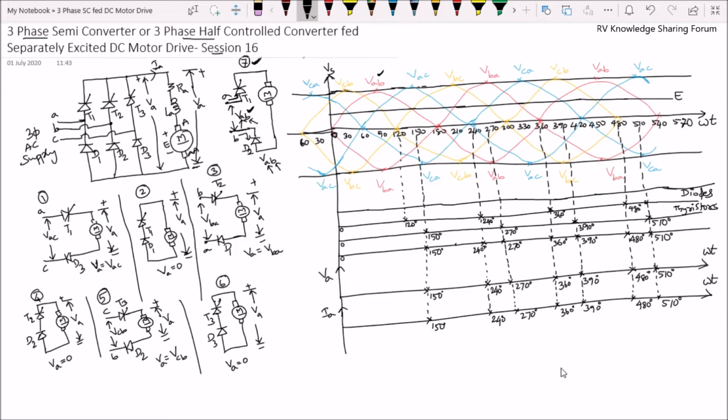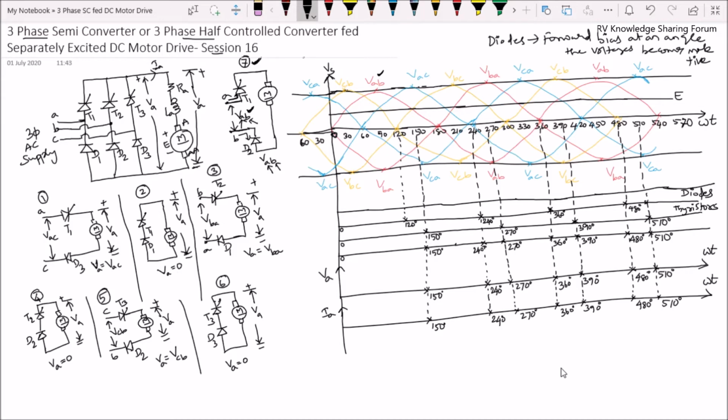So let me write here: diodes will forward bias at an angle where the voltage becomes more positive.